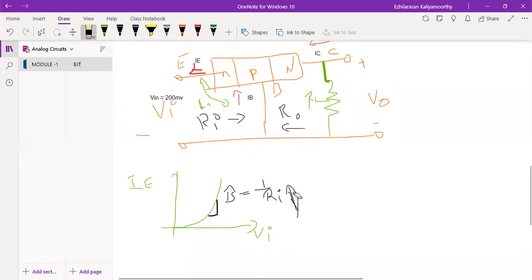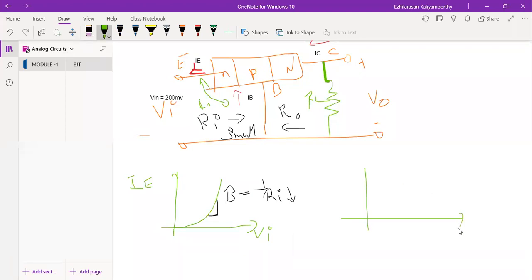If the input resistance reduces, then the slope will increase. So from this, I can say the input resistance is very low. Then what about the output resistance? Let us take the output side, where the x-axis is the output voltage V0.